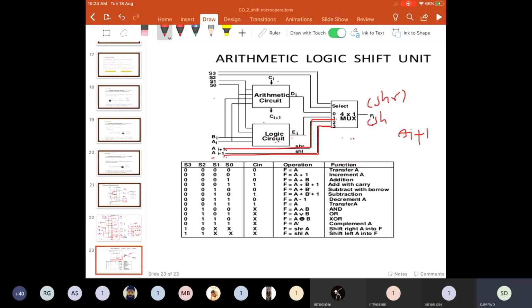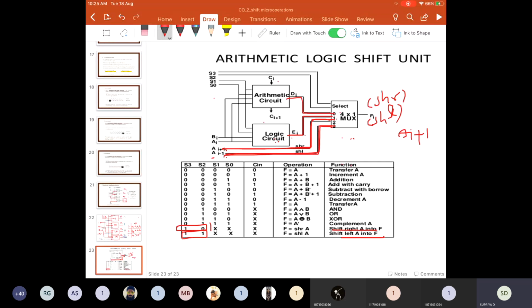That means you are performing the shift left operation. So using the 0th input of this multiplexer, all arithmetic operations are performed. At one position, all logical operations are performed. At two, all shift right operations. At three, all shift left operations can be performed. So when S3 S2 is 1 0, you are performing shift right. When it is 1 1, you are performing shift left.